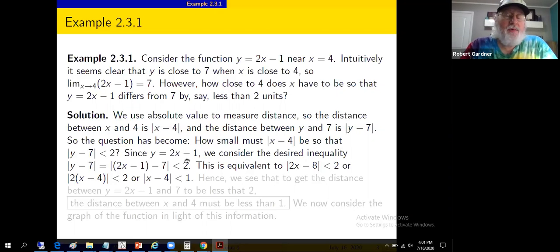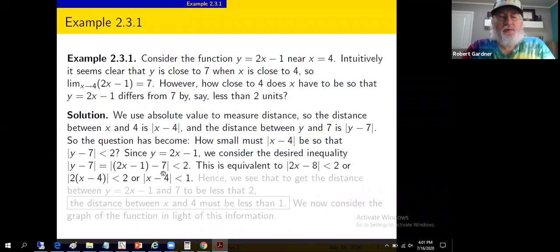Well, y equals 2x minus 1. So in our desire to make y minus 7 less than 2, we'll substitute for y the quantity 2x minus 1. And then our desire is to make the absolute value of 2x minus 1 minus 7 less than 2. Let's manipulate that.